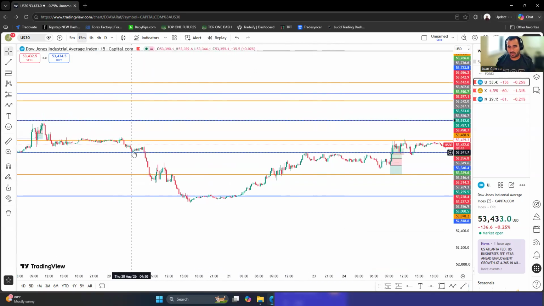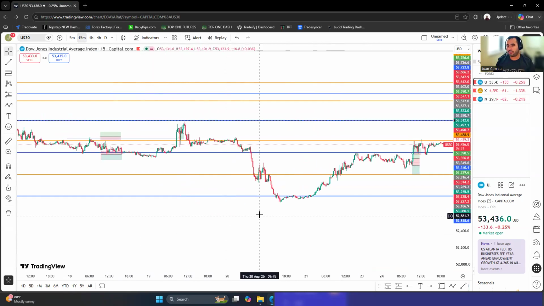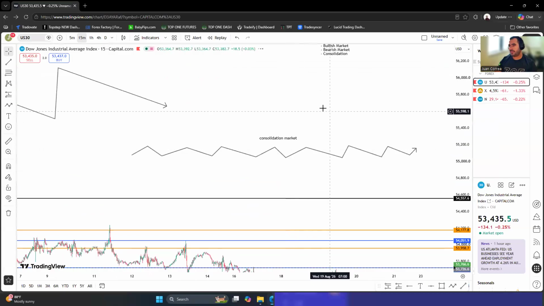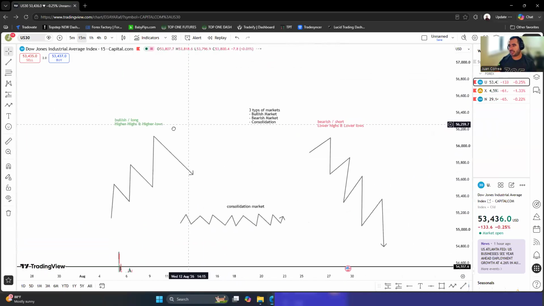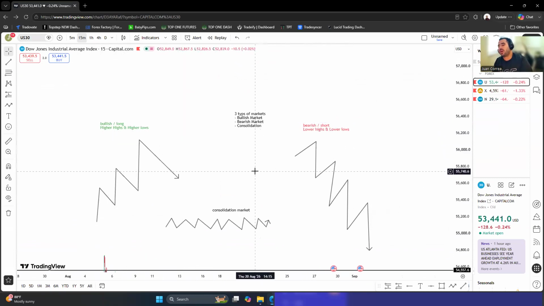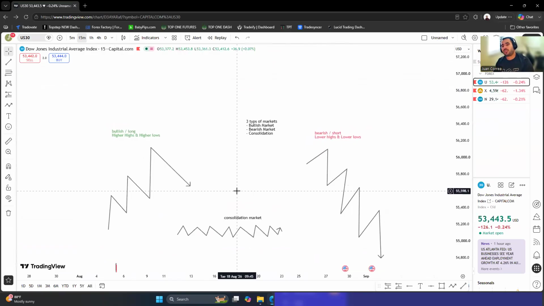Could be lower high, lower low, lower high, lower low. So basically that's when you can see that there's a bearish market. So those are the three types of markets there are. Again, bullish, long, higher highs, higher lows; bearish, short, lower highs, lower lows. All right, so that's that.